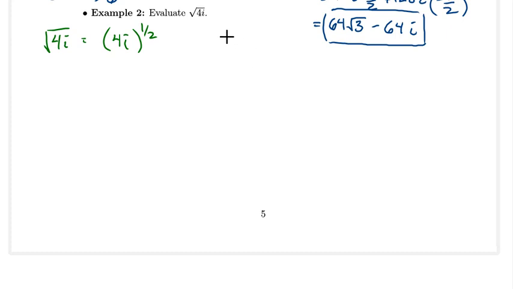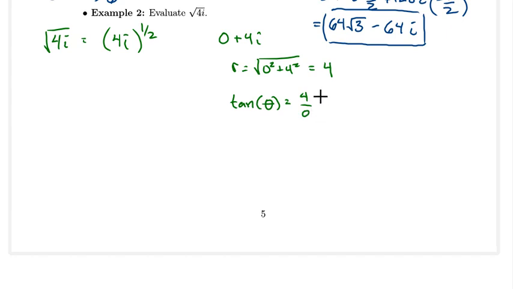All right, so 4i, let's not forget that 4i is the same as 0 plus 4i. So that means that our r value is just going to be 4, right? Because we have 0 squared plus 4 squared, which equals 4. And then the tangent of theta is equal to 4 over 0. Okay, but of course, where does that happen?